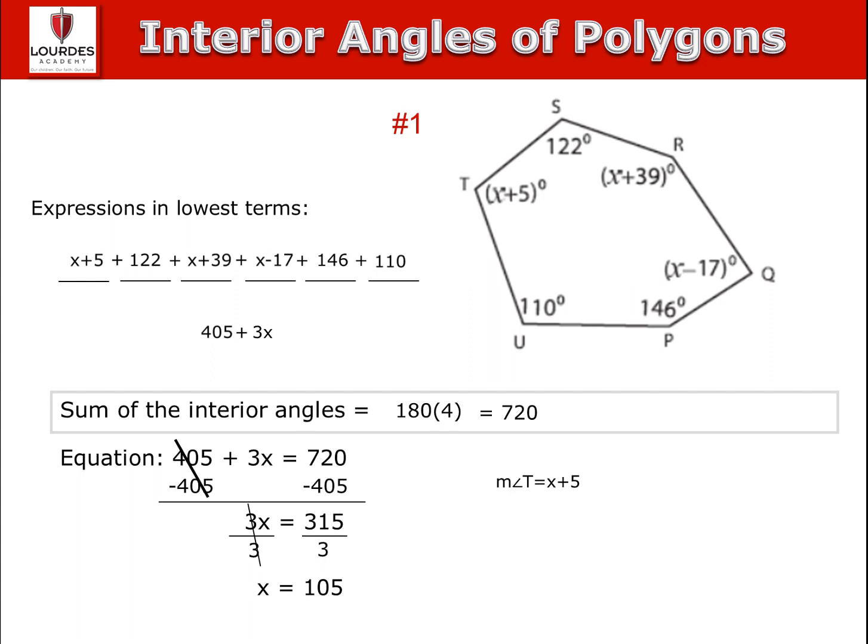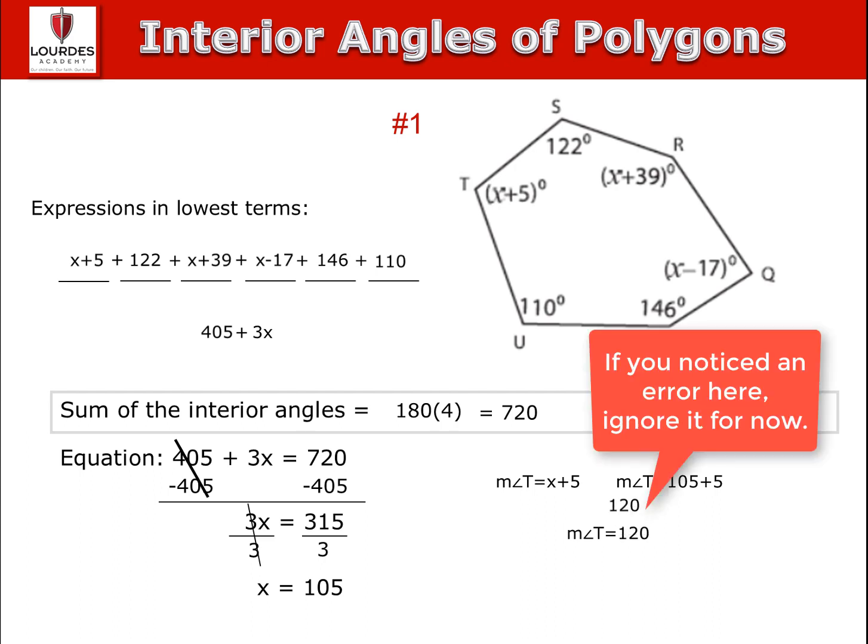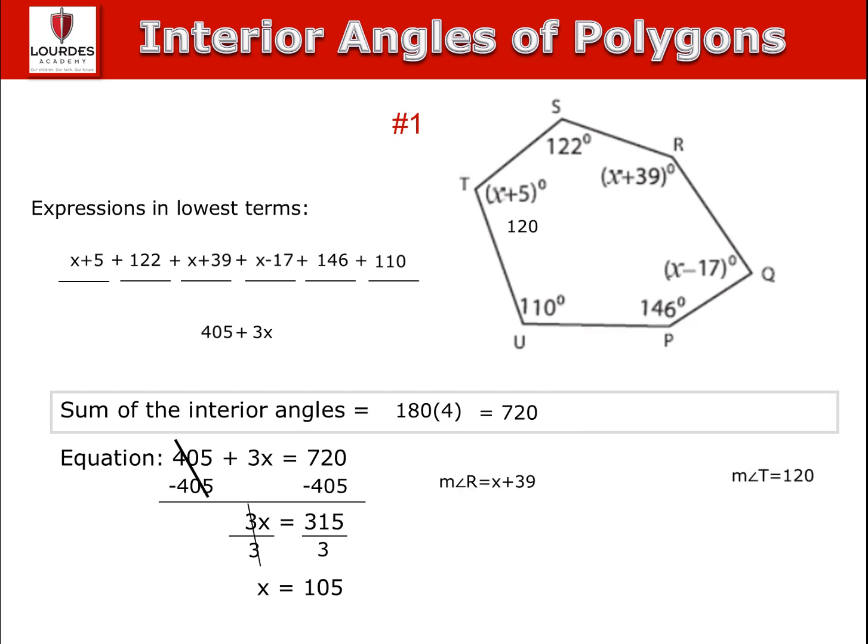So I'll look first at the measure of angle t. The expression there is x plus 5, so now I just substitute 105 for the x, and the measure of angle t is 120. Okay, then look at the next one. The measure of angle r is expressed as x plus 39.